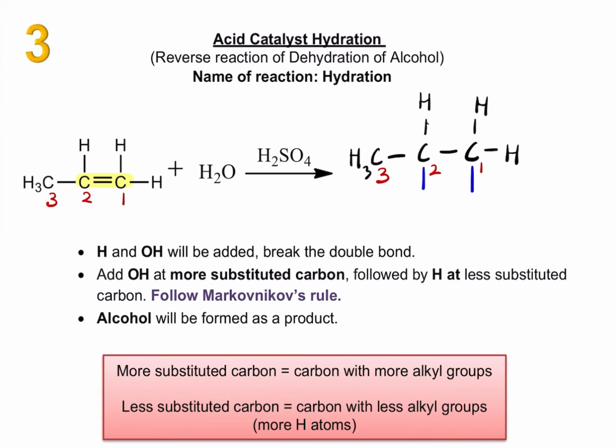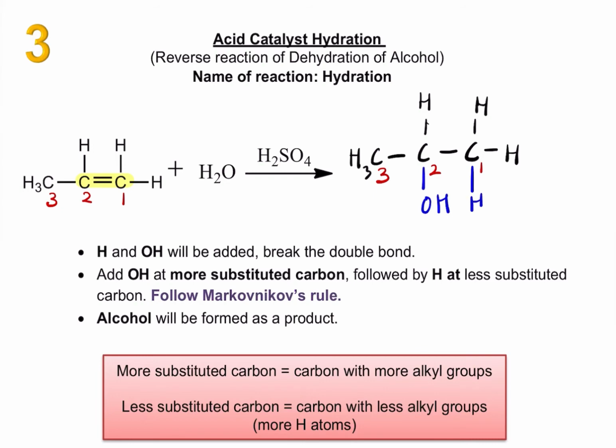So I'm going to add the OH group at the more substituted carbon. More substituted carbon means the carbon with more alkyl groups. In this case it is carbon number 2, because we have CH3 at the third carbon as our alkyl group. So this one will be OH and carbon number 1 will attach with hydrogen. So I'm going to get my final product like this.